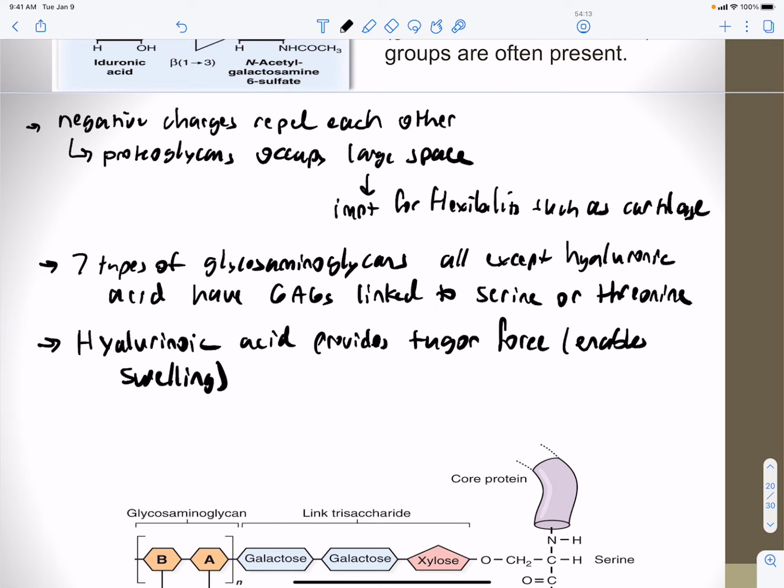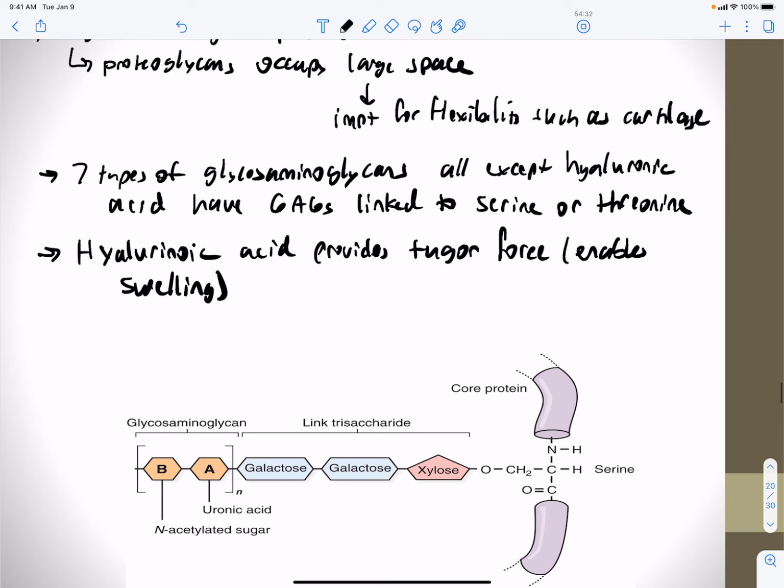And this is its ability to absorb a significant amount of water. And so your glycosaminoglycan is going to, in this case, be bound to your sugars, xylose and galactose, as shown here. And so this is going to be important in load-bearing joints.